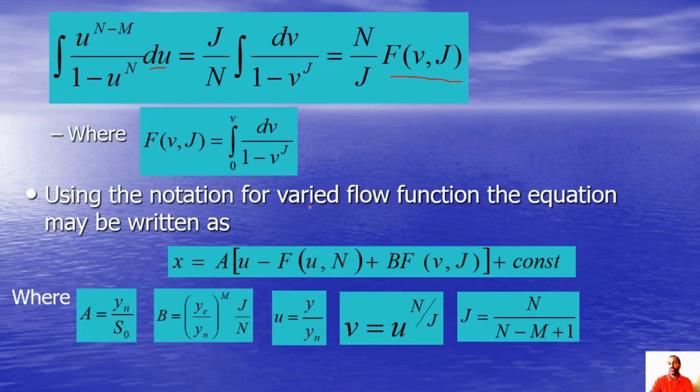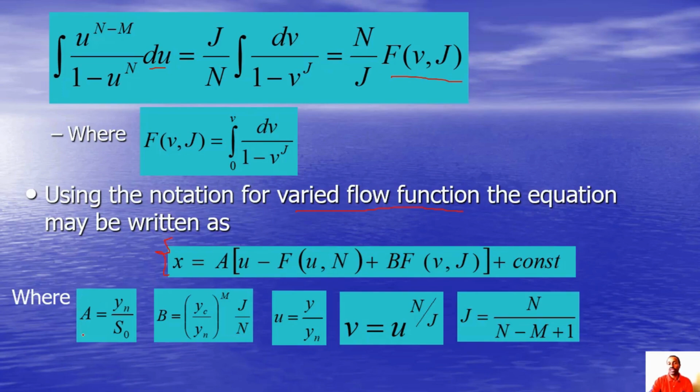So using the notation for the varied flow function, the equation can be written as: x is equal to a times u minus f of u n plus v f, then v j plus constant.